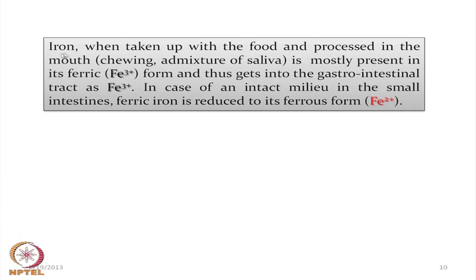Then, if we come to a particular metal center like iron, when we take iron with the food material, we chew it and mix it with the saliva, and when it is processed we take some amount of free iron in our mouth, and mostly it is present in the ferric form, because during chewing in the saliva it can be oxidized by the oxygen available there to the ferric form, and thus it enters the gastrointestinal tract as ferric ion.